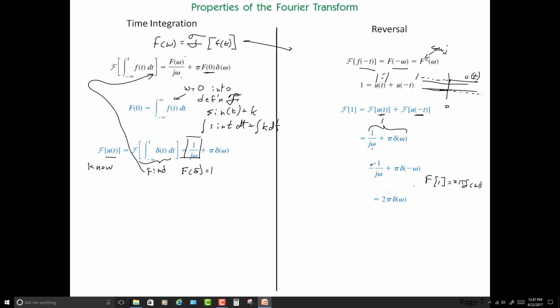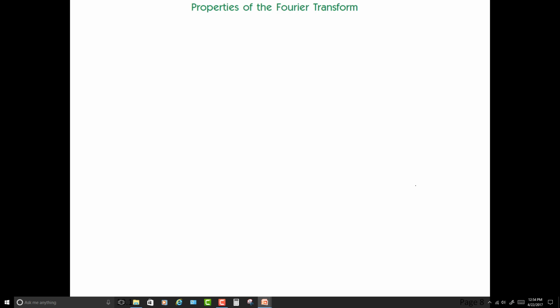All right. So duality is simply stated here by this. We'll just do a quick look-see at how you might get to this. If the Fourier transform of f of t is f of omega, that's this side.